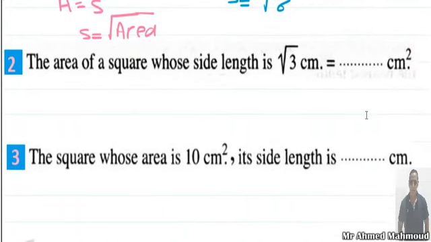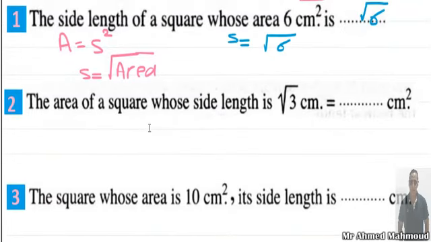Okay, the next one, by using the same rules: the area of a square whose side length is root 3. Here we have root 3 as the side length, and we need the area.